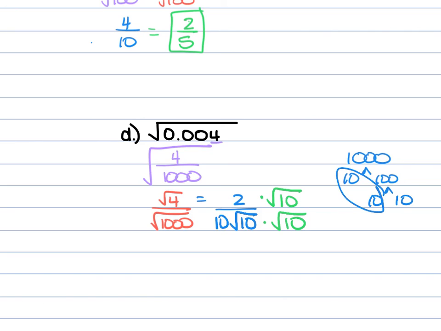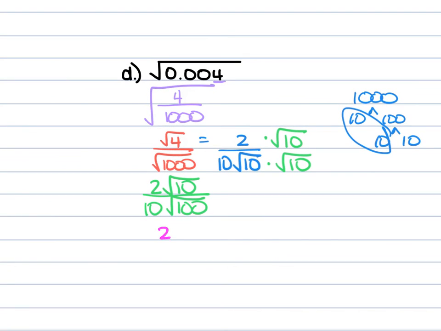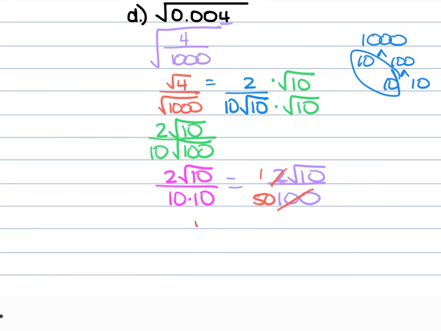So this is going to turn into 2 times the square root of 10 over 10 times the square root of 100. Well, the square root of 100 is 10, so this is 2 square root 10 over 10 times 10. The 10 times 10 is 100, so this is 2 square root 10 over 100, and then that 2 and 100 can simplify to be 1 and 50, so this is just the square root of 10 over 50.